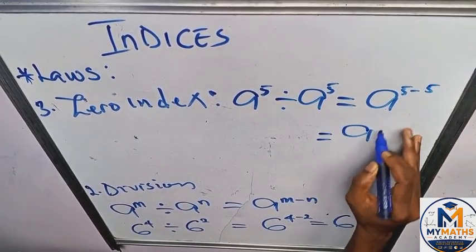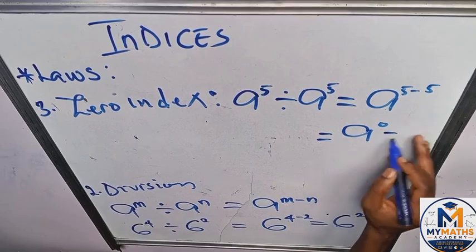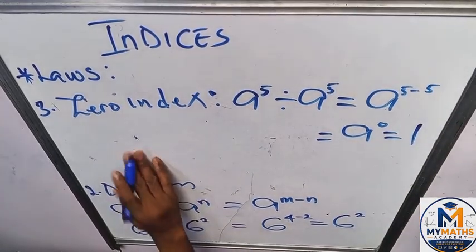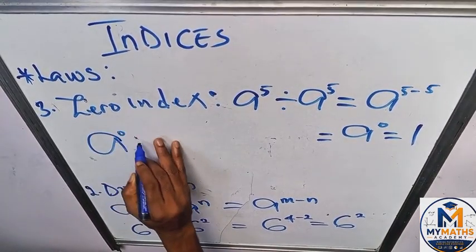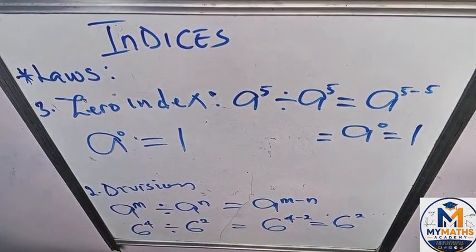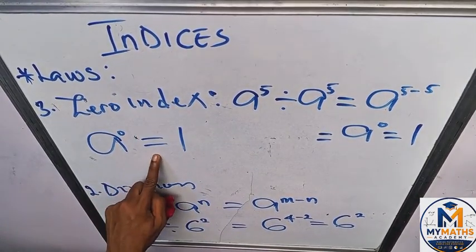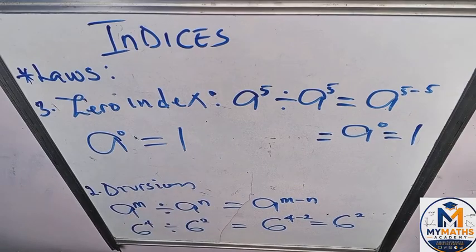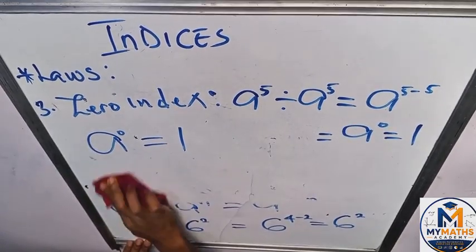So therefore a raised to power 0. What does a raised to power 0 mean? It equals 1. It means when you have a raised to power 0, then it's equal to 1. So this is what we mean by the zero index.